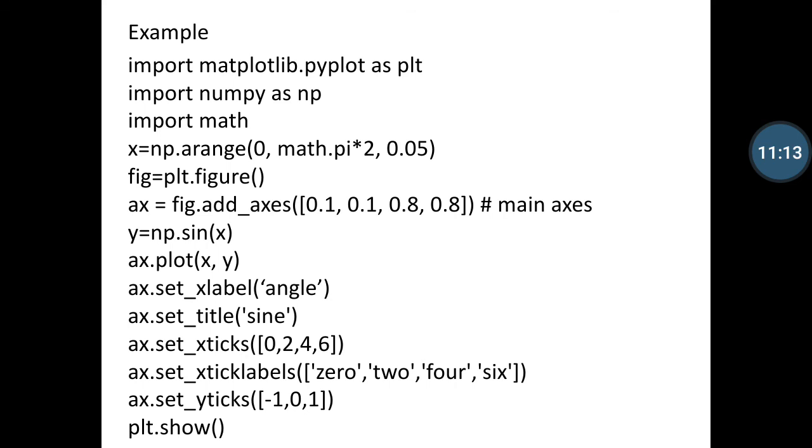The x label is angle and the title of the graph is sine, and then the xticks values are 0, 2, 4, 6. Then ax.set_xticklabels takes string values such as 0, 2, 4, 6, which you can see in the graph as the x-axis. The y-axis ticks are -1, 0 and 1, and then I write plt.show to create the graph.